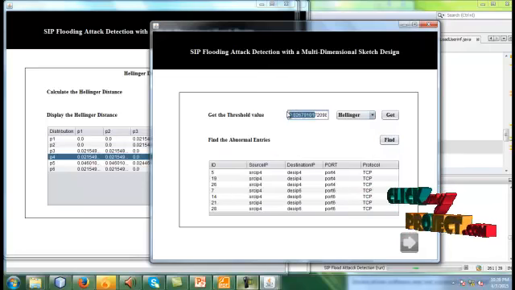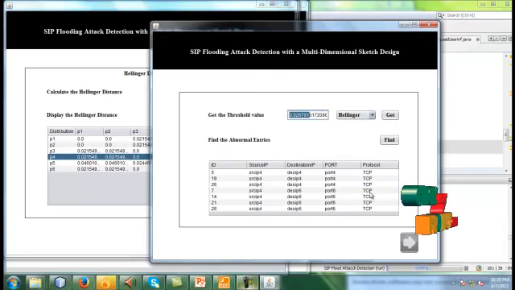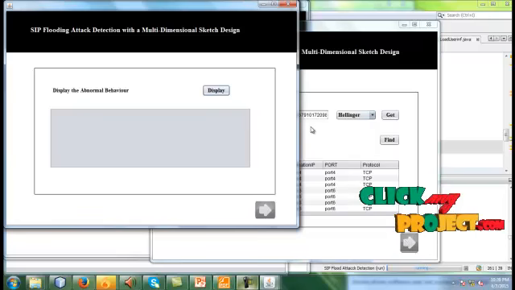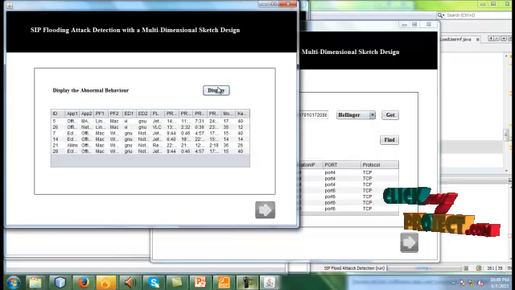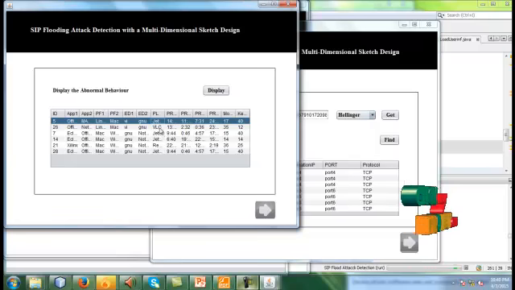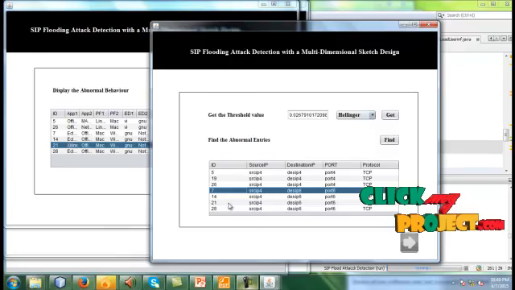The abnormal entries are detected based on this threshold value. After detecting the abnormal entries, we have to find out the abnormal behaviors. These abnormal behaviors are tracked using the ID of the SIP messages.